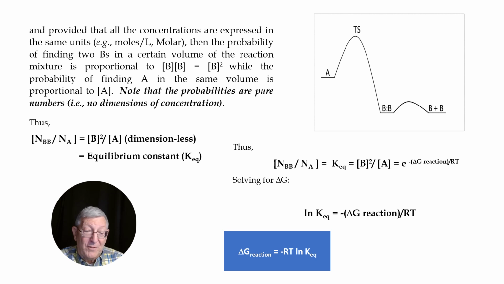And so this I think probably occurs in most general chemistry textbooks today, but exactly how we got there is usually pretty vague. But it's a direct result of the use of the Maxwell-Boltzmann equation.